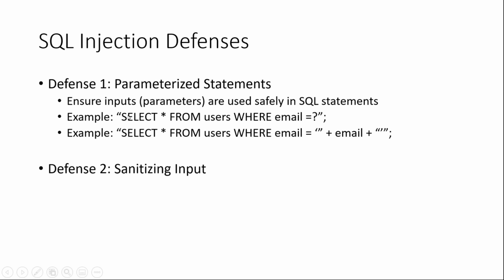Okay, in this statement here where we say select wildcard from users where email equals, and then we just provide the email as like a variable, it's going to take the entire SQL statement and it's going to provide it all at once.